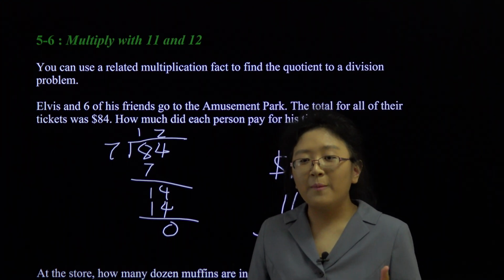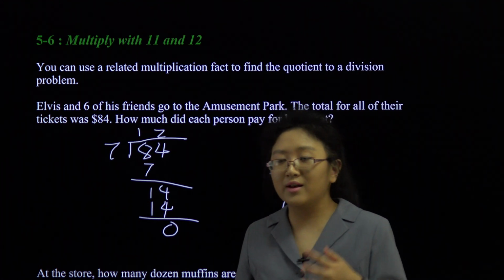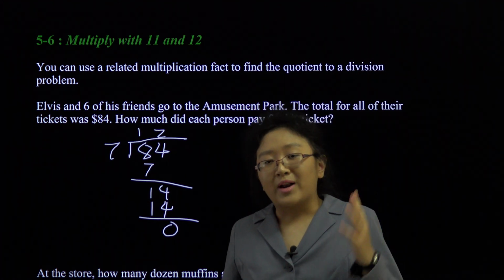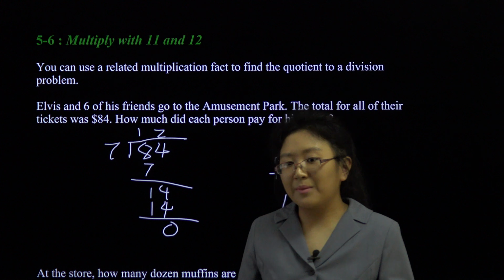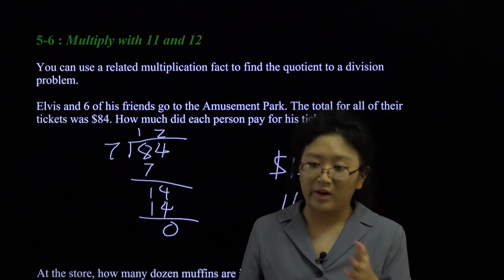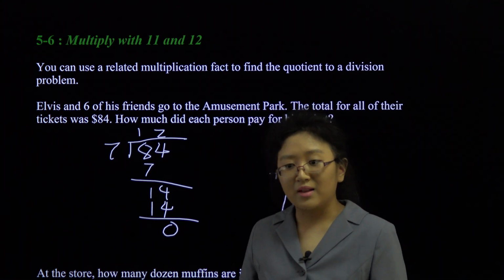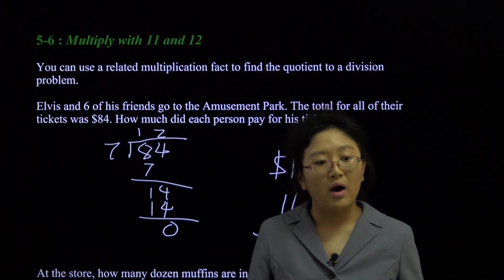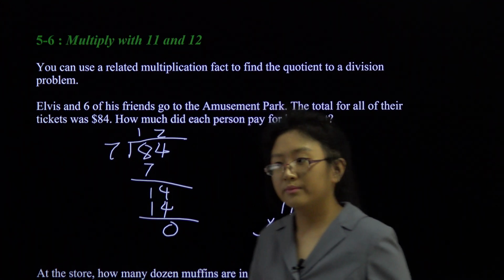You get the idea. Up until 10 times 11, and then it would become 110. And then 11 times 11 equals 121. 12 times 11 equals 132.